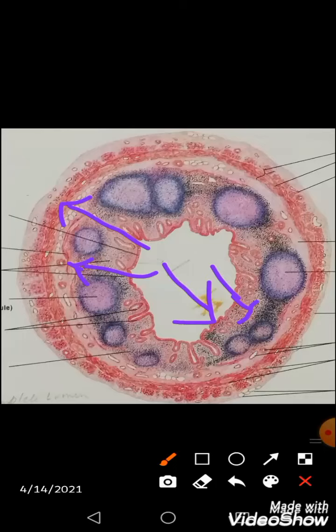But here in this appendix, you can see that it is forming a thin layer around the mucosa and submucosa. And finally, you are observing on its very outer side the serosal covering.